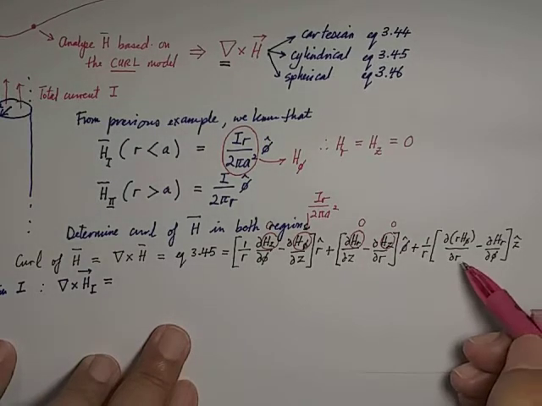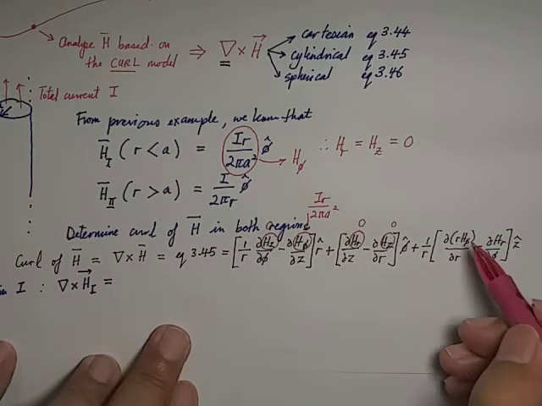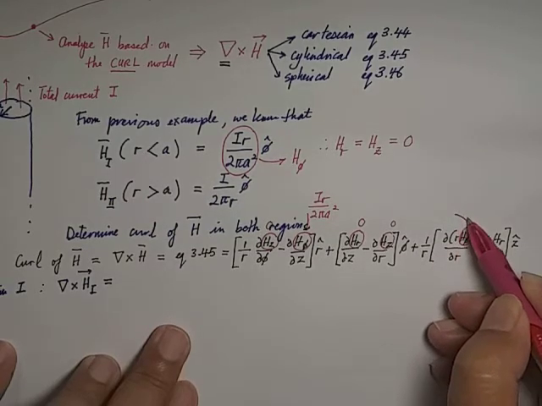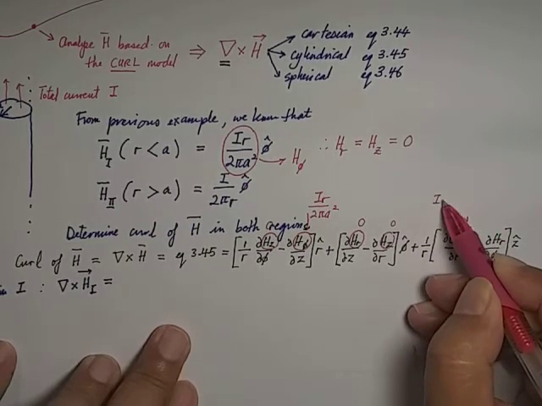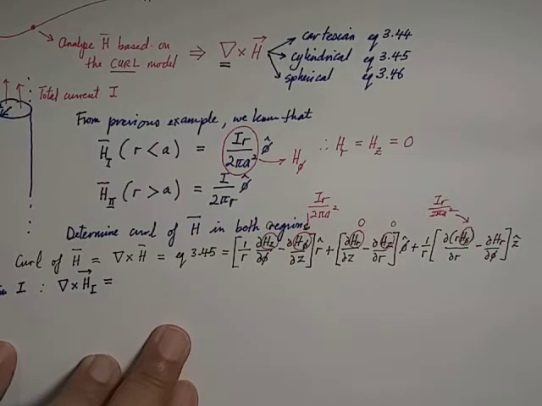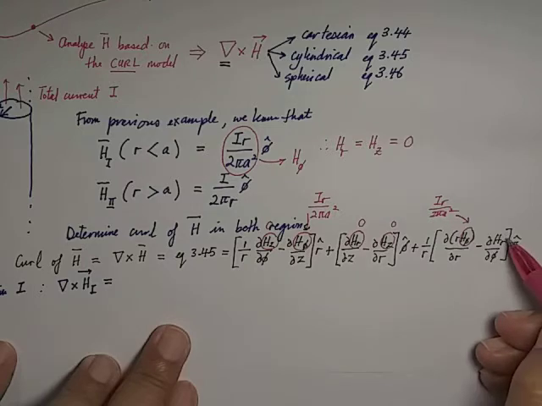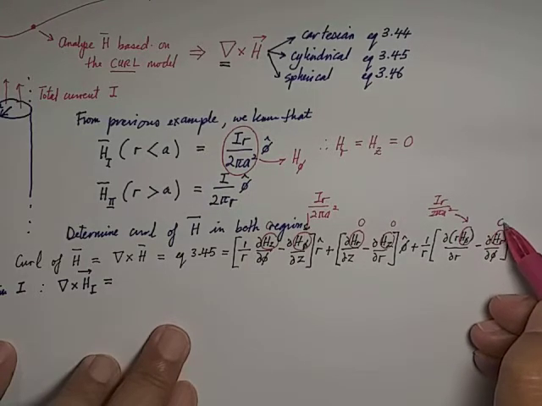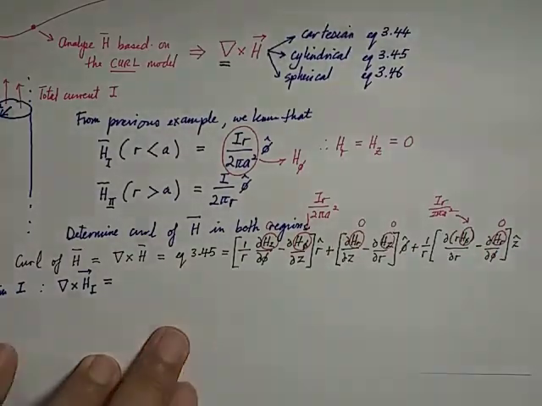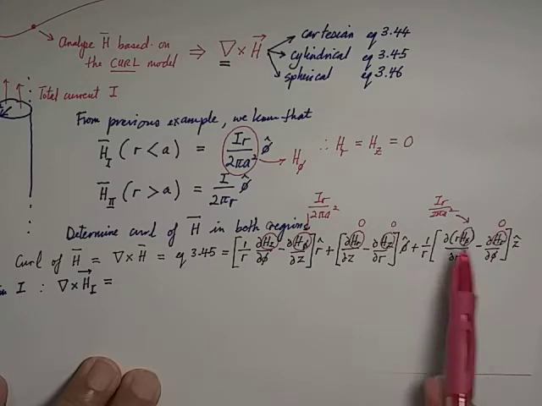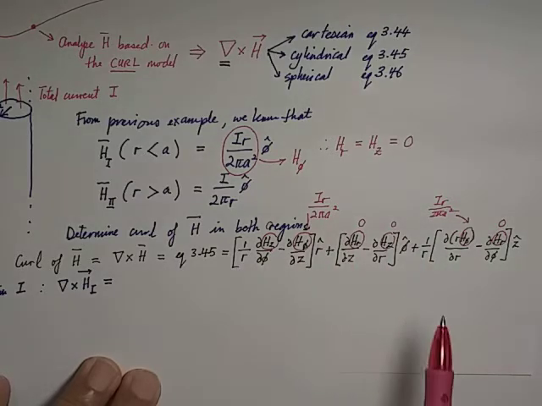Okay, on this particular side of the equation, the H phi term, you again need to substitute with I r over 2 pi a squared. And then the Hr at the end of this equation will be equal to 0. Why? Hr is 0. So therefore we end with this substitution of equations.